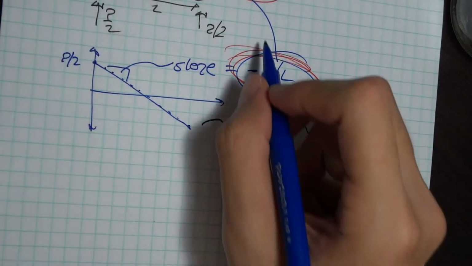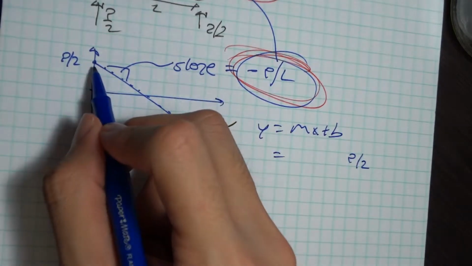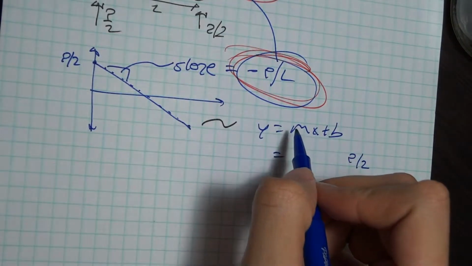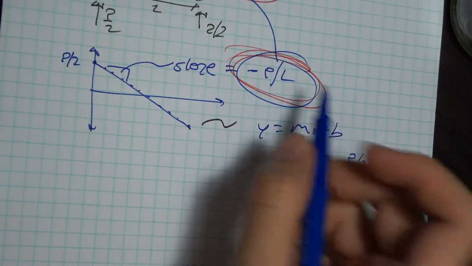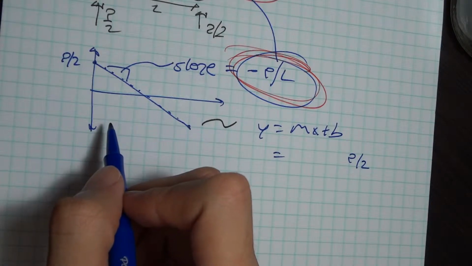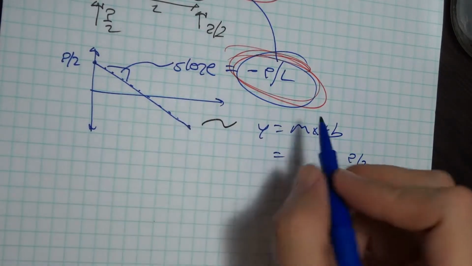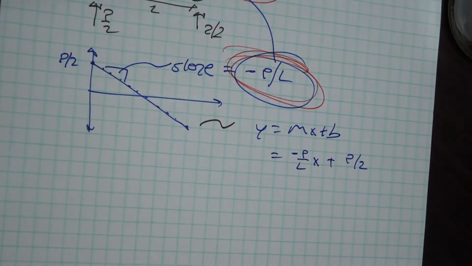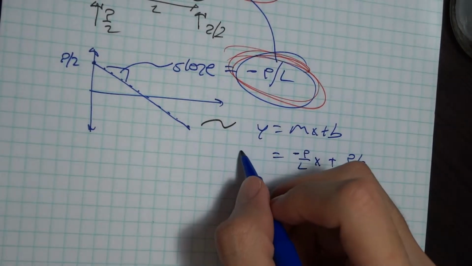What is m? I already showed you what m is, right? We go down. Slope is rise over run, so our rise is negative P. We go from P over 2 to negative P over 2. The difference between those is negative P. And we have some run L. So negative P over L x plus P over 2. And this is the equation for shear.